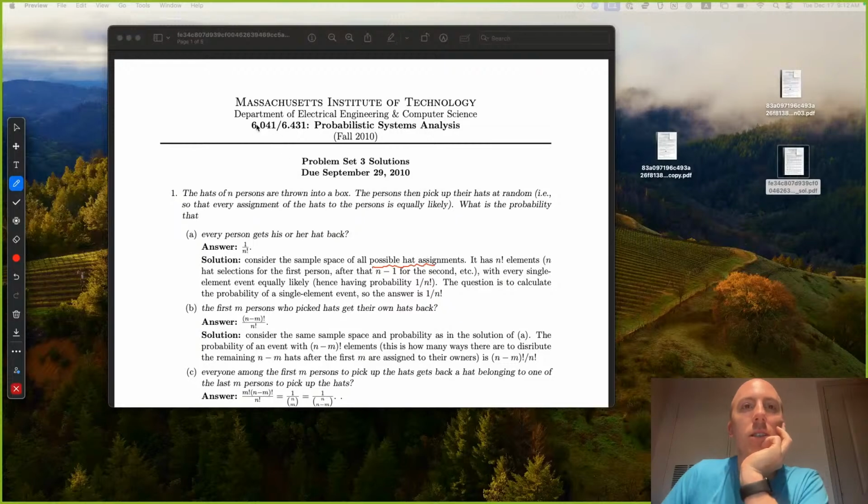Okay, the sample space of all possible hat assignments would look like this. If we had 3 people, then all possible hat assignments are like: the first person gets hat 3, the second person gets hat 2, the third person gets hat 1.